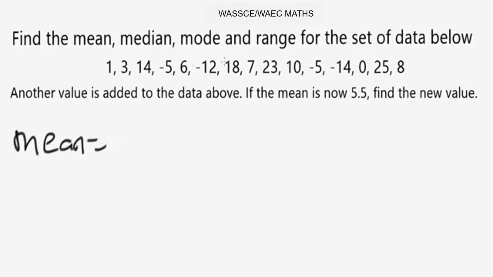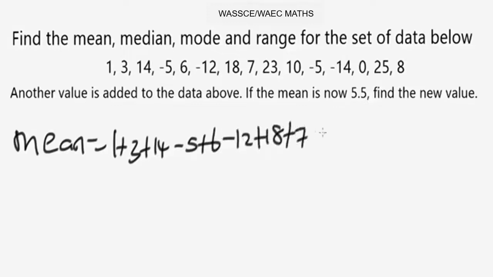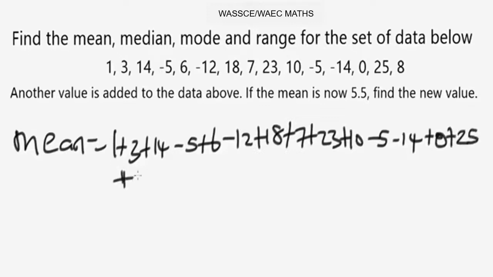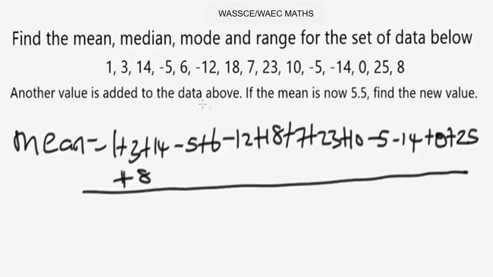Alright, the mean will be to add all the values here and divide it by the total number of the values we have there. So it's going to give us 1 plus 3, plus 14 minus 5 plus 6 minus 12 plus 18 plus 7 plus 23 plus 10 minus 5 minus 14 plus 0 plus 0 plus 25, plus 8, all over the total number.